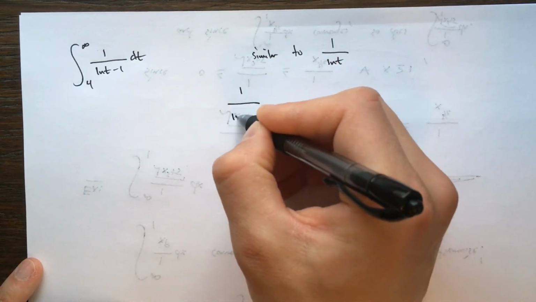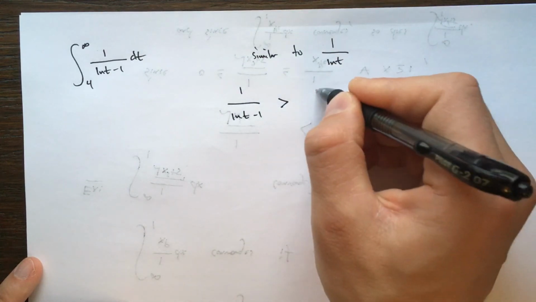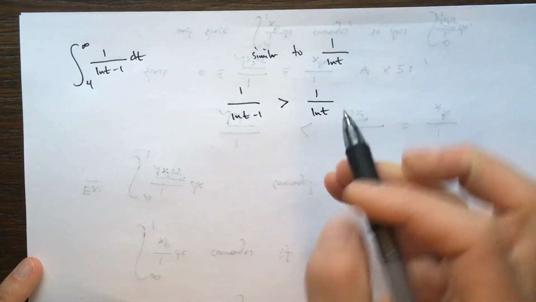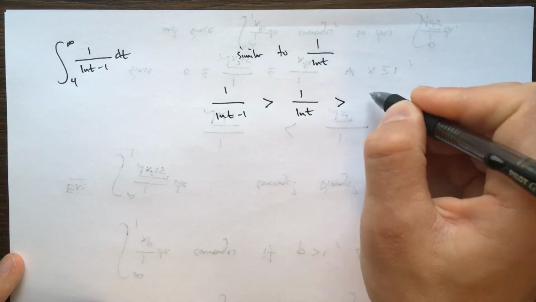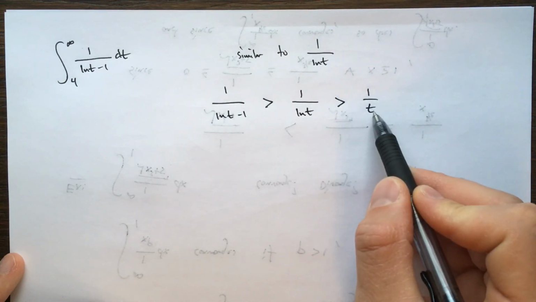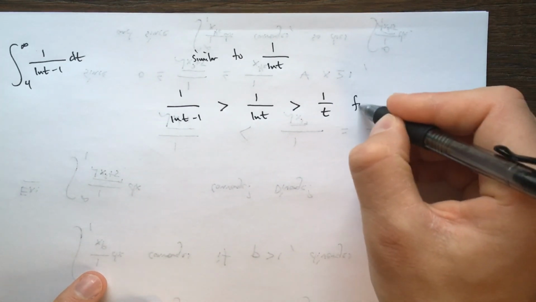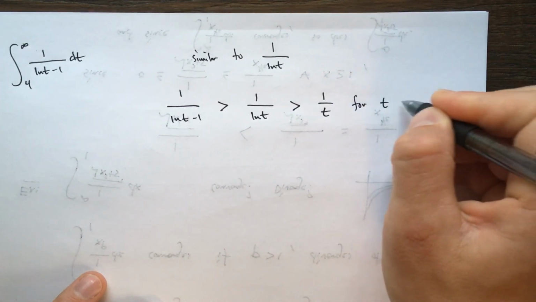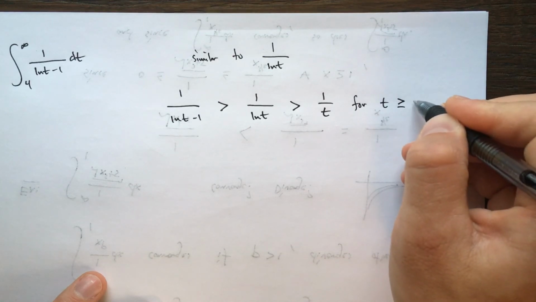1 over ln t minus 1 is greater than 1 over ln t because subtracting from the denominator makes something bigger. And that is greater than 1 over t because t is bigger than ln t for t greater than or equal to 1.